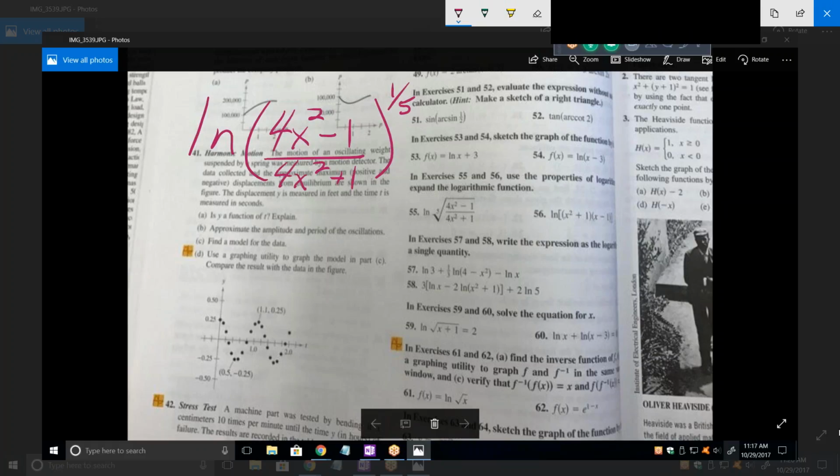Now, that is the same as, and it's actually a little easier to do this if we split it up. That happens to be the same as this.